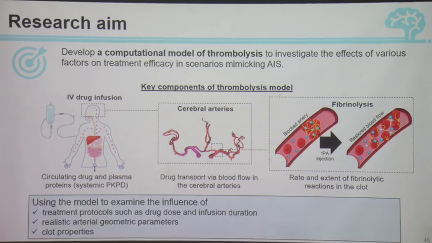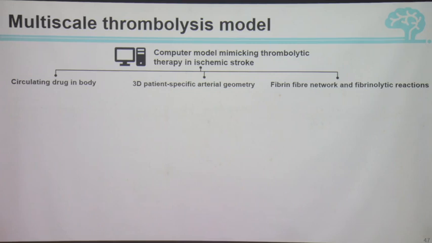Obviously, if we can overcome this challenge and build a model, then the model can be used to examine the influence of treatment protocols, for example, the drug dosage and infusion duration. We can also look at how realistic arterial geometries might affect the efficacy of the lysis, and see how the clot properties might influence this process.